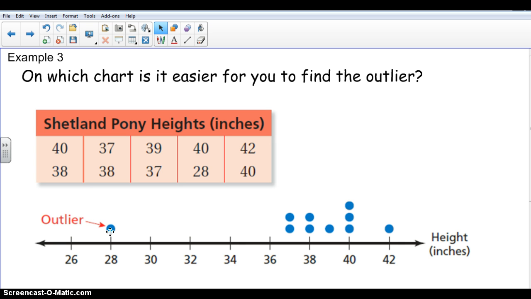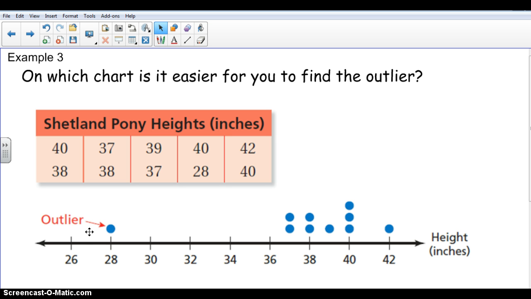If you look in your book, the average height of a Shetland pony with the outlier, this 28 figured into it, is 37.9 inches. If you take that outlier out, it is 39 inches. Now, does that make sense? Well, that's what we were asking ourselves in example 2. Does it make sense?